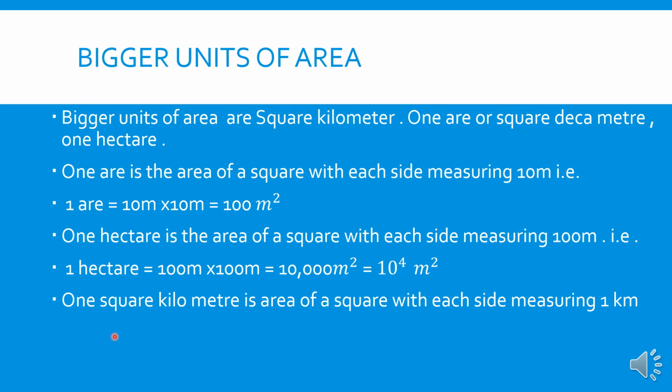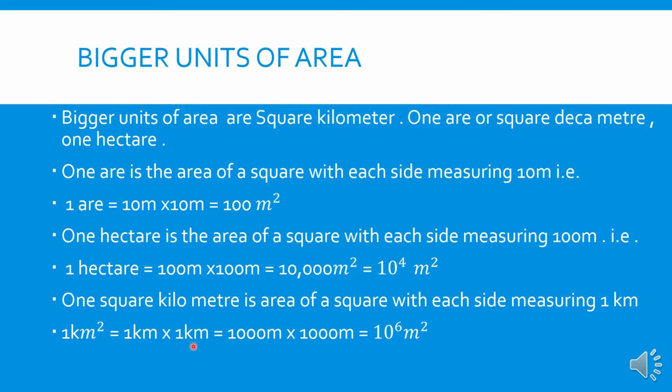In the same way, 1 square kilometer is the area of the square with each side measuring 1 kilometer. So 1 kilometer square equals 1 kilometer multiplied by 1 kilometer. In 1 kilometer, how many meters are there? 1000 meters.